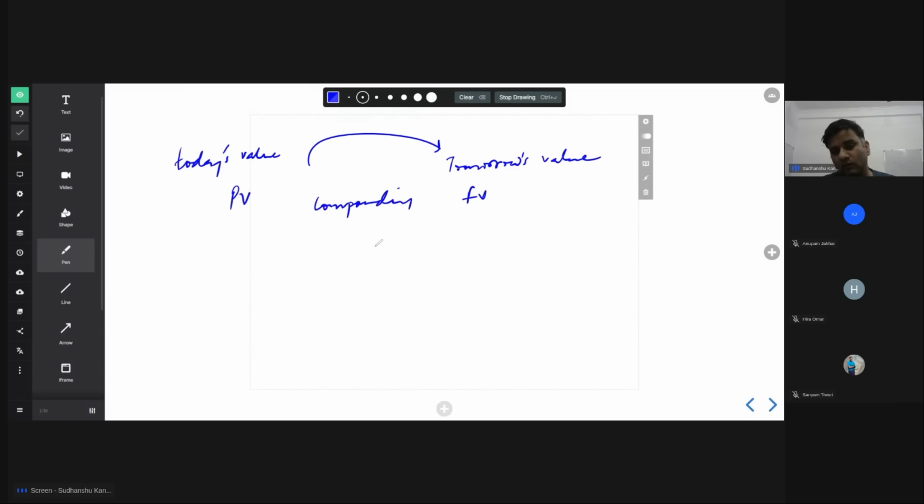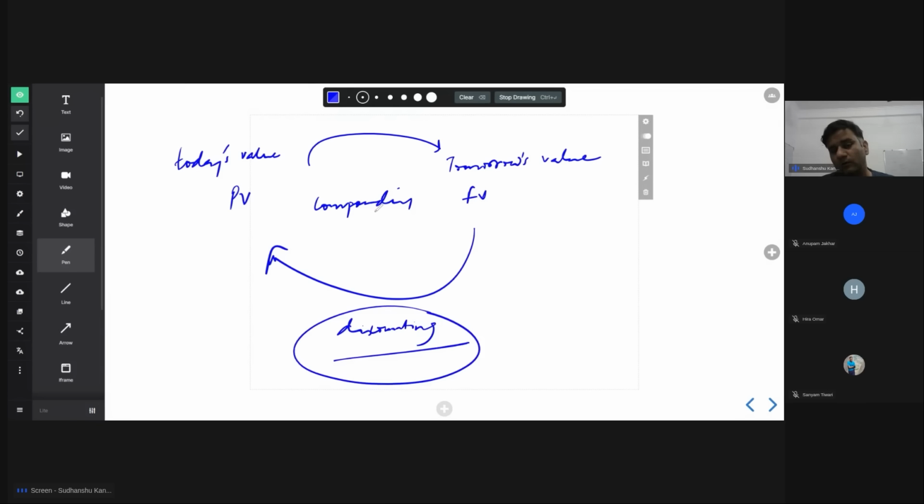When you are going from tomorrow's value to today's value, this is called discounting. So compounding and discounting are like heads and tails. Going from present value to future value is compounding. Going from future value to present value is discounting.